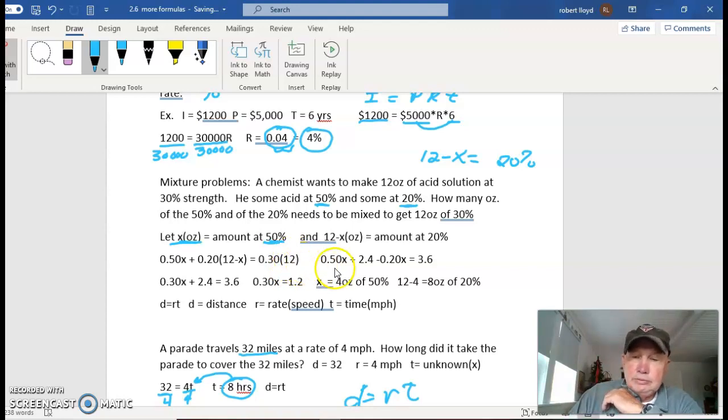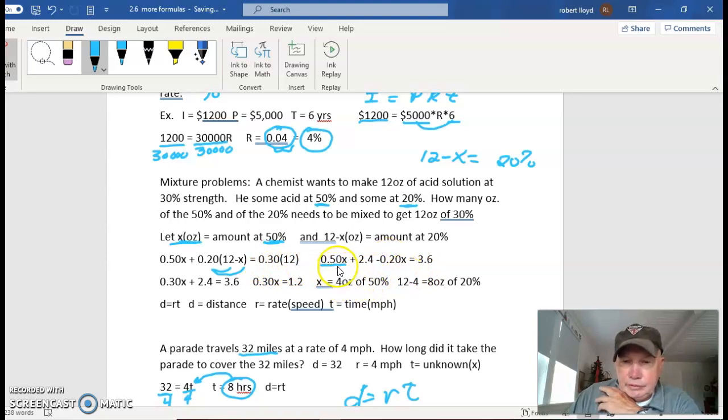So we have the 50% solution, and then we have to distribute because we have parentheses here and we have to do the order of operations. So 0.20 times 12 is 2.4. 0.20 times negative x is negative 0.20x, equals 0.3 times the 12.